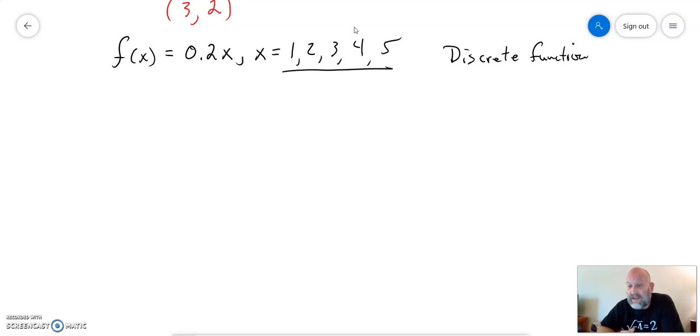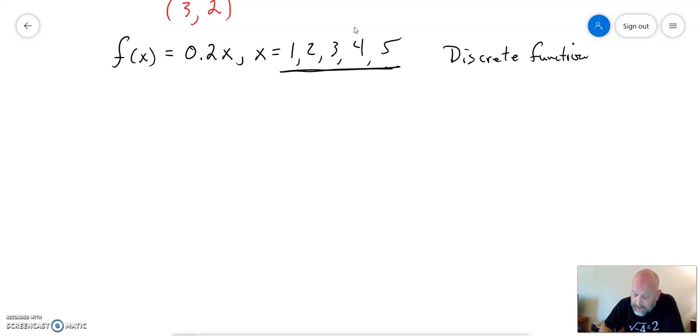Anything that has a finite domain, and finite meaning not infinite, is going to be a discrete function. So I have 5 specific x values that I'm allowed to plug in. That is not infinite by any means, and so this is a discrete function, right? It has a discrete domain.